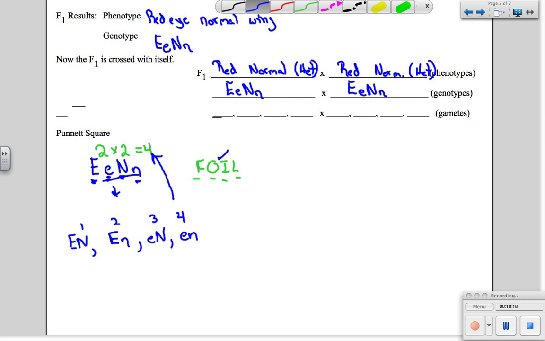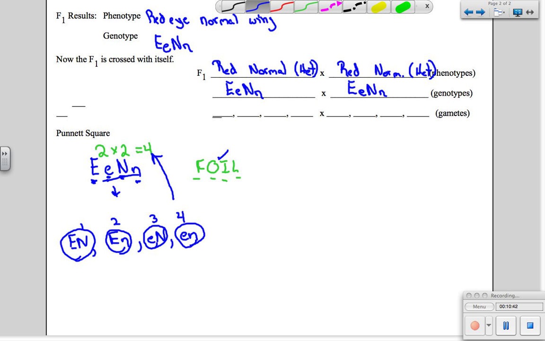Remember, each parent had 2 copies of each trait. In the gametes, I want to make sure that I have representation of each of the traits, but I only want 1 copy. So now, here are my eggs. I can't split these up. These letters are stuck to each other. Since both parents are the same, these are also the possible combinations for the sperm.